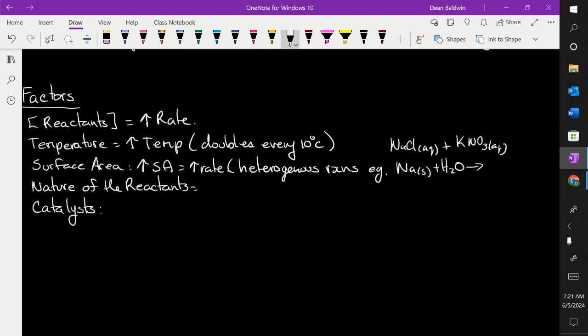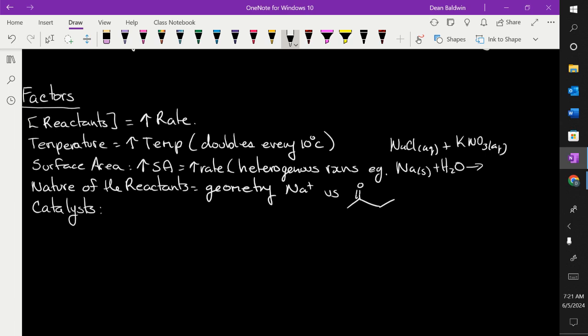The nature of the reactants, when we say that, that's kind of a catch-all phrase. That's going to be the geometry of the molecules. So a sodium ion, one little ion, it's easier to have a proper collision versus some complex organic molecule like that.